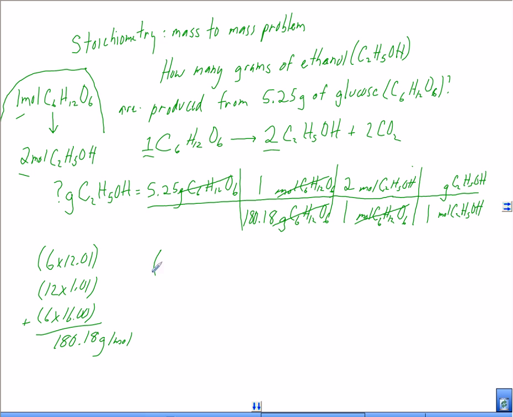Well, again, I need to go to the periodic table. So I have 2 carbons. Each one is 12.01 grams. I have 6 hydrogens. Each one of those is 1.01 grams. Again, the 5 there and 1 there, so 5 plus 1 gives you the 6. And there's 1 oxygen, and it's 16.